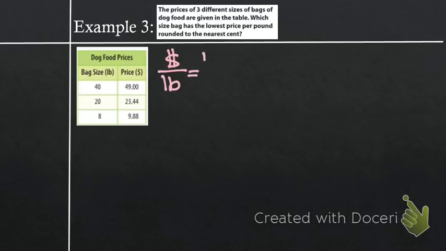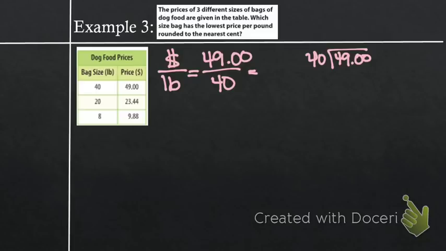Our first one is $49 for a 40-pound bag. Again, we know that the bar means to divide. We want to know how much it is for 1 pound. Once we divide, we bring down our 0. 40 goes into 90 twice.